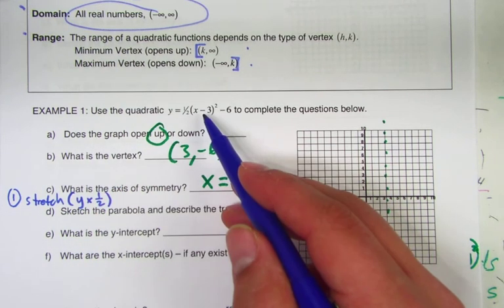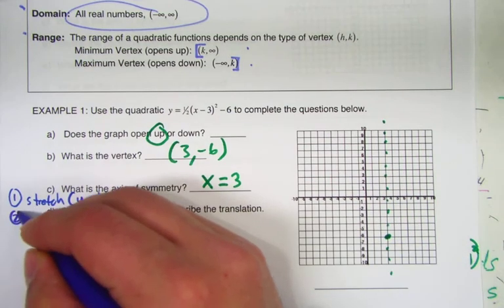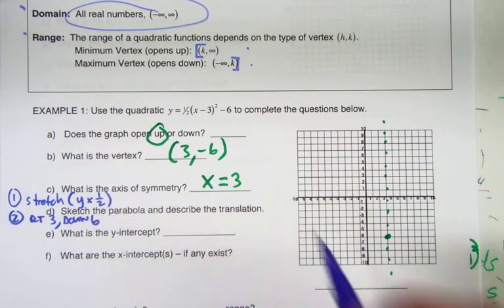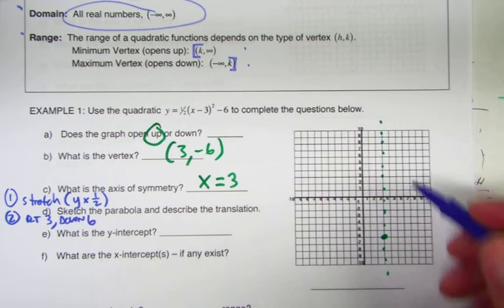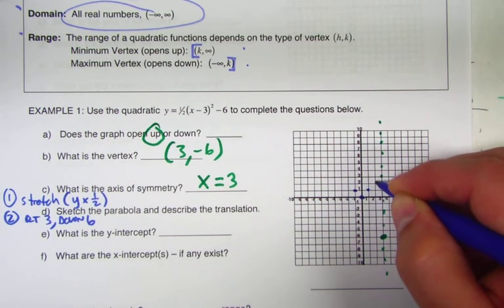And then this means we're going to shift right 3 and then down 6. So that's the second thing we would do. Right 3, down 6.